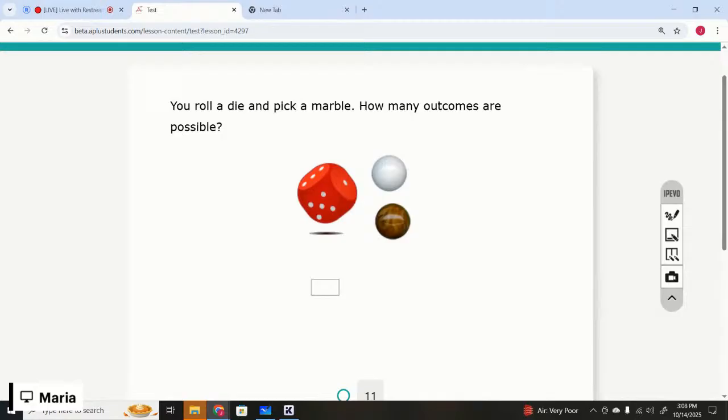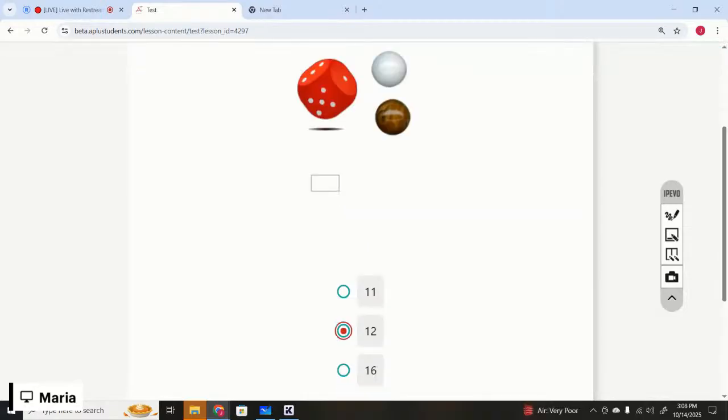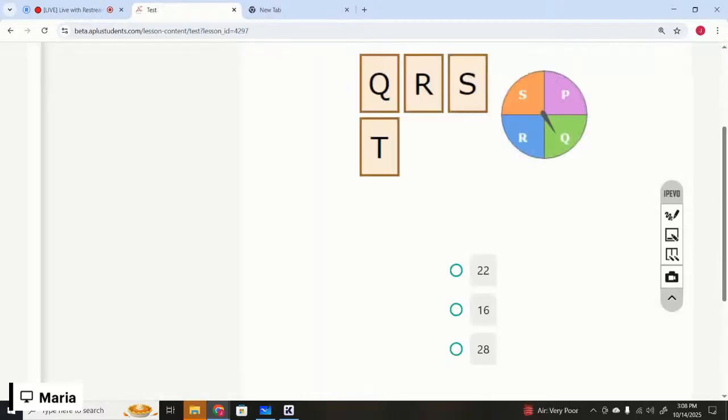If you roll a dice and pick a marble, how many outcomes are possible? That is 6 times 2 is 12. So option 2 is the correct option.